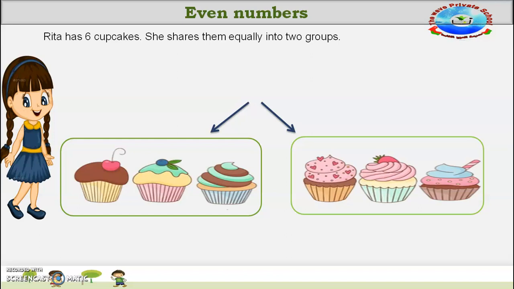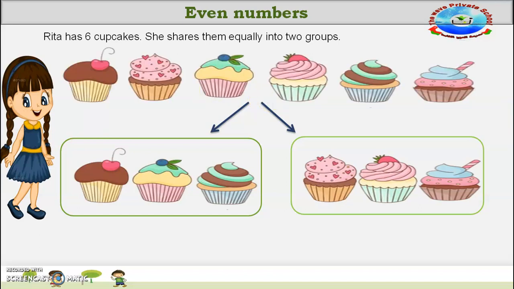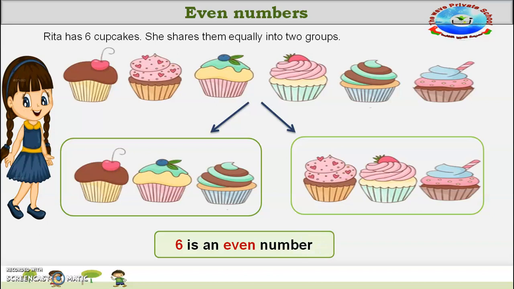Now, are there any cupcakes left over here? No, there are no cupcakes left over. Rita has 6 cupcakes and she shares them equally into 2 groups without any left over. So, we say that 6 is an even number.